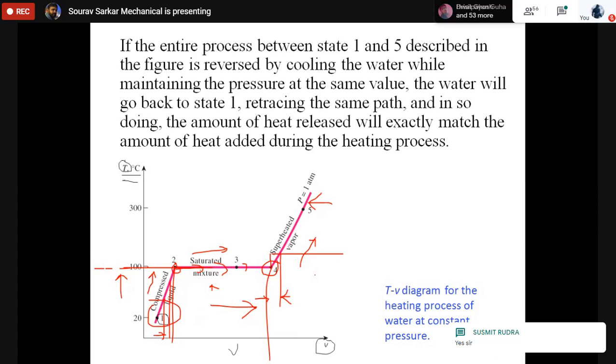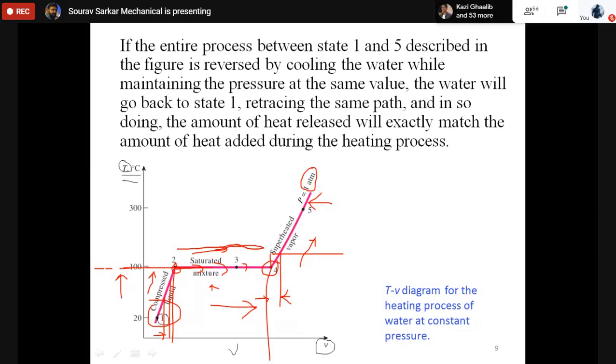If the boiling point increases, the cooking temperature increases, and the cooking process becomes faster, so it easily cooks the food. So whenever we change the pressure from 1 atm to 5 atm, this phase change line will be somewhere there.